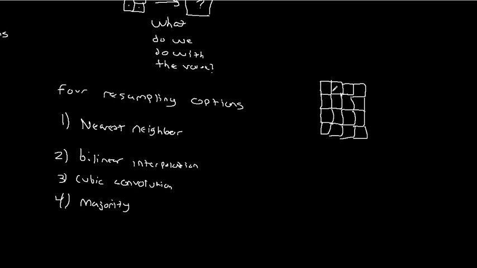For convenience's sake, I'm going to give the pixels values equal to their position in this array: 1, 2, 3, 4, 5, 6, and so on. Let's say this original image was 3 meters per side, so the length of one side of this square was 3 meters.